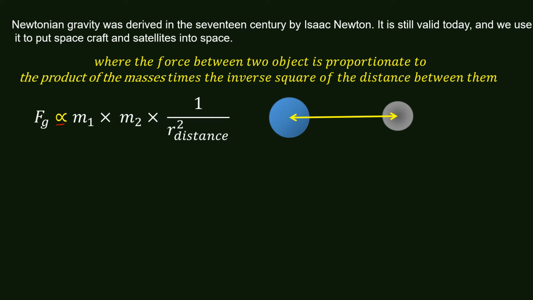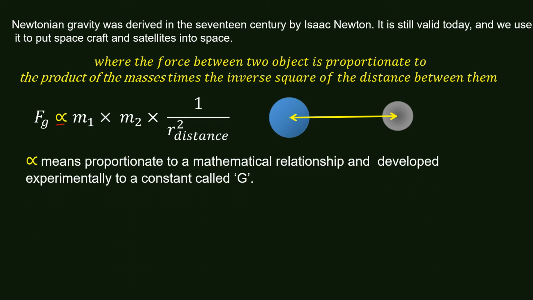Actually, this distance is from the center of the Moon and the Earth, if we are using them. It is proportional by a mathematical relationship, developed experimentally, to a constant called G. So he knew that this force was proportional to this expression, but it was missing a constant.